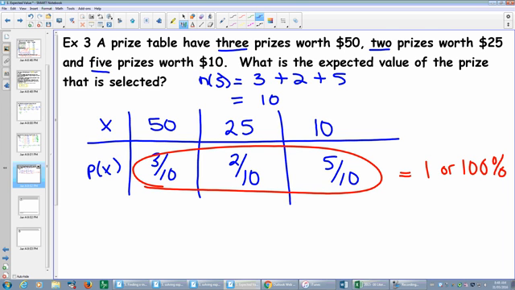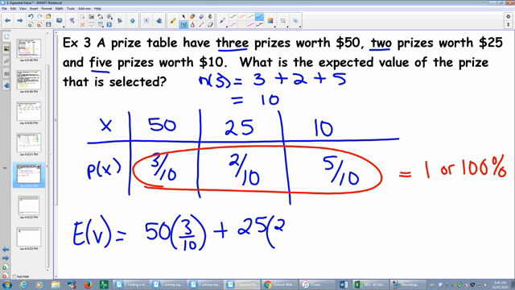So the expected value is equal to, what would be my first case here, Mitchell? Good. What would be my next one, Spencer? And my last one, Scott? Very good.